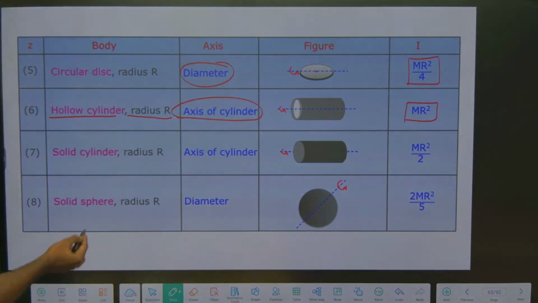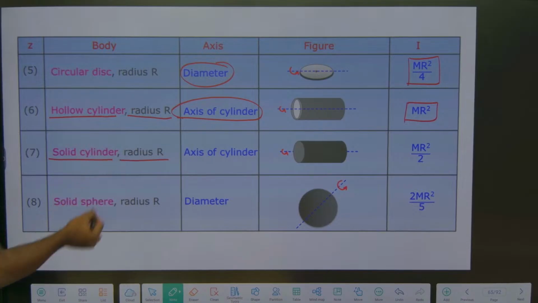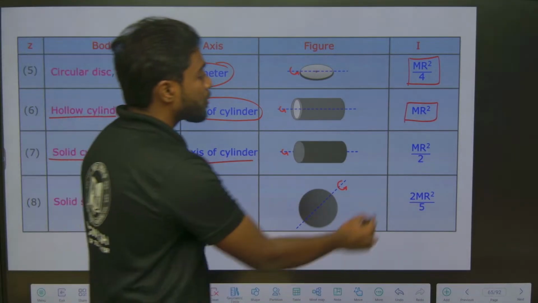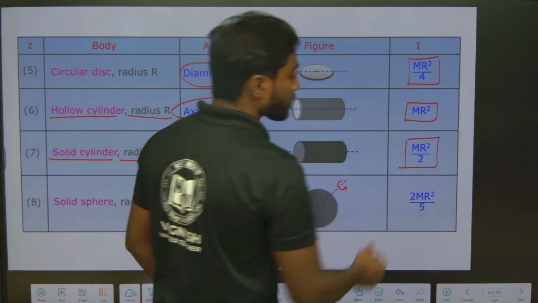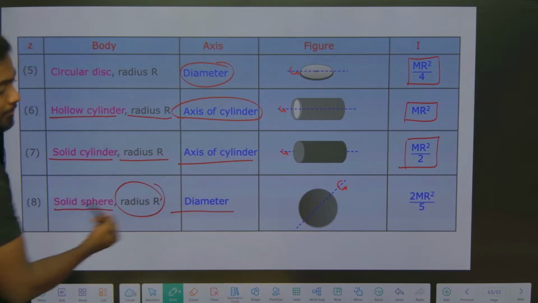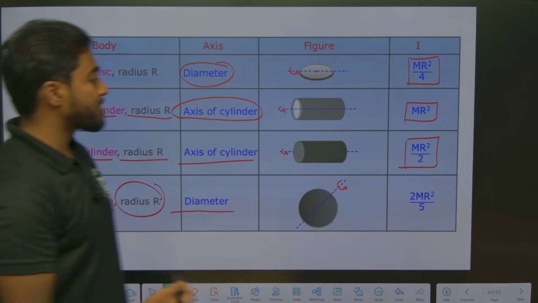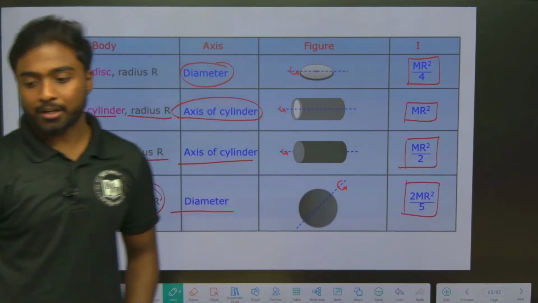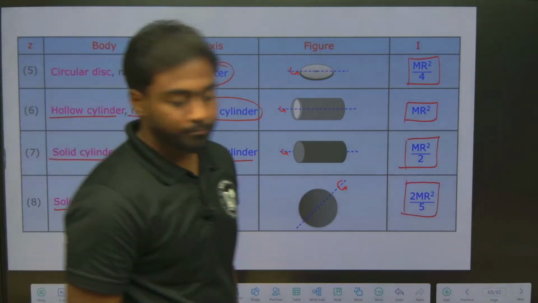Next, solid cylinder of radius r and axis of the cylinder, it is mr square by 2. And a solid sphere of radius r with the axis through the diameter. 2 mr square by 5 is the moment of inertia.